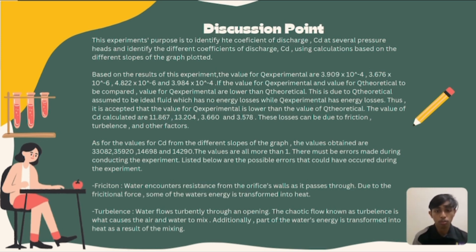For turbulence, water flows turbulently through an opening. The chaotic flow known as turbulence is what causes the air and water to mix. Additionally, part of the water's energy is transformed into heat as a result of the mixing.